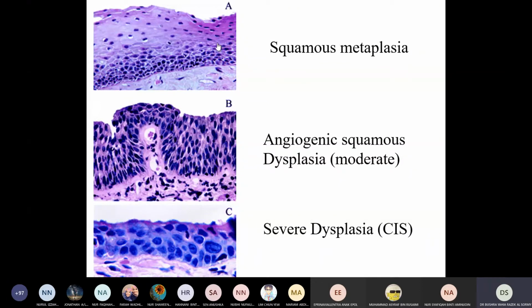The columnar epithelium is transformed into stratified squamous epithelium. With prolonged tobacco smoking, it leads to dysplasia, from mild to moderate to severe.